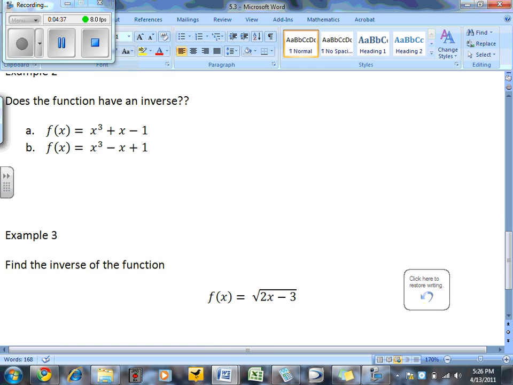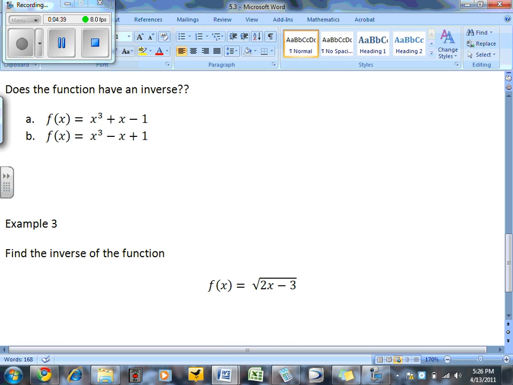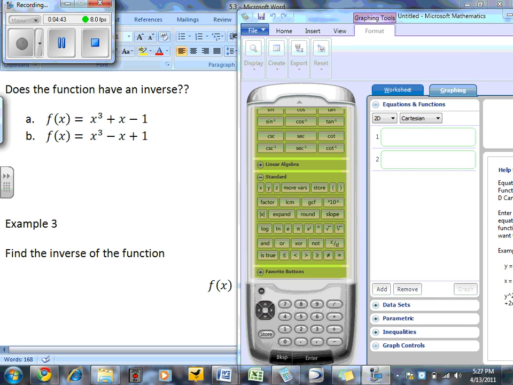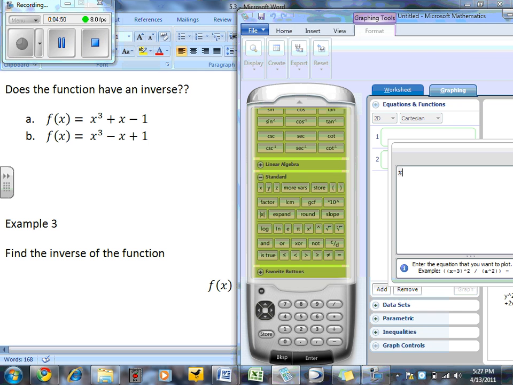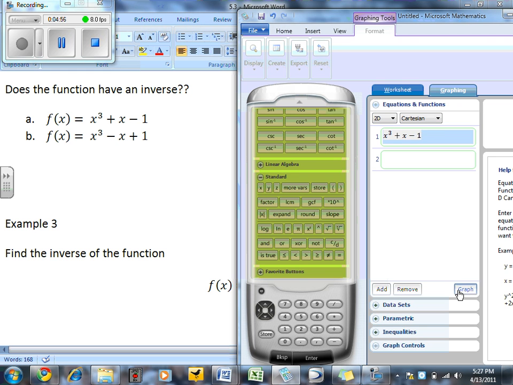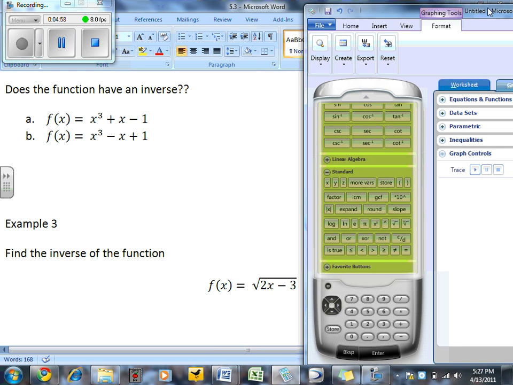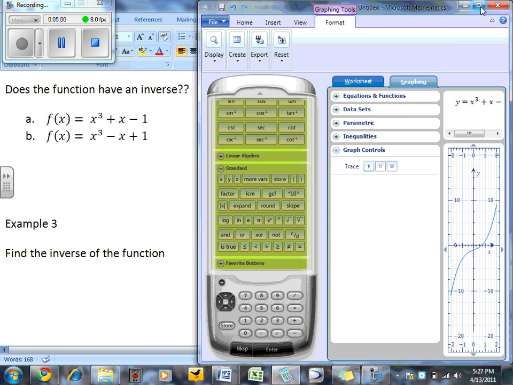So pretty easy here. Does the function have an inverse? What I want to do is graph these for you, and we're going to figure out if they have an inverse. So let's go ahead and graph x cubed plus x minus 1. Well, that doesn't give us a very good picture.